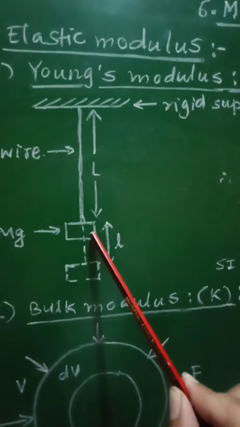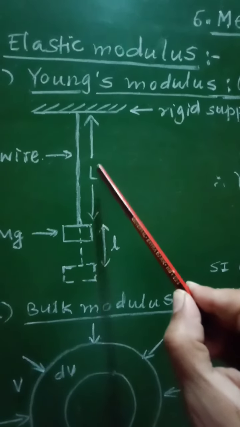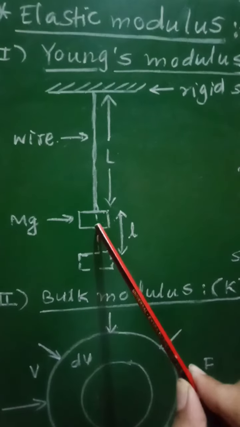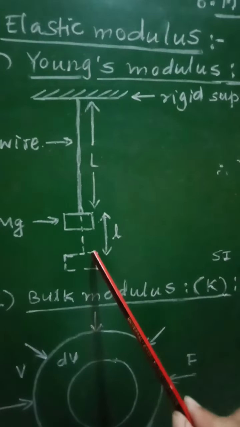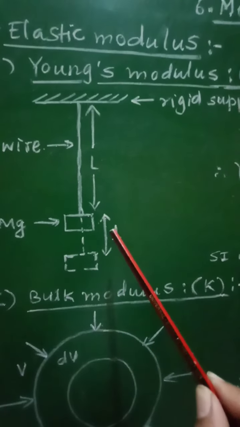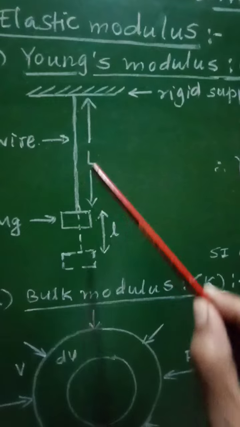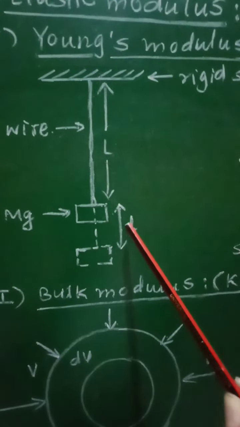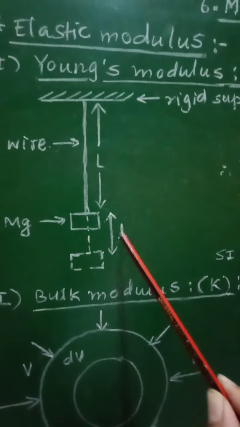Before applying this load to this wire, the length of the wire is capital L. When it is subjected to this load mg, it will get stretched, that is there is elongation of that wire. Let that elongation be small l. So the original length of the wire is capital L and the increase in length of the wire is small l.